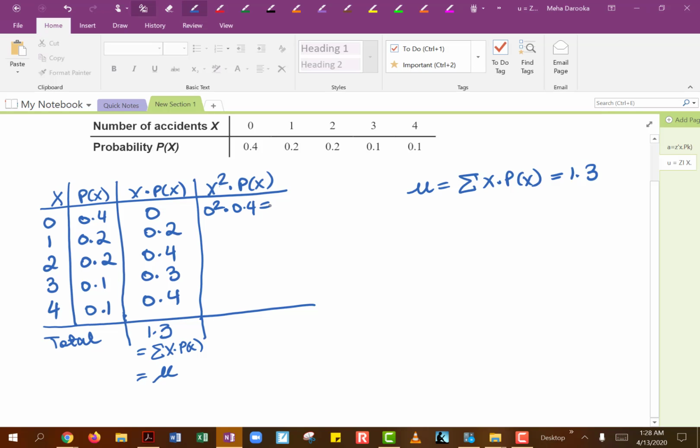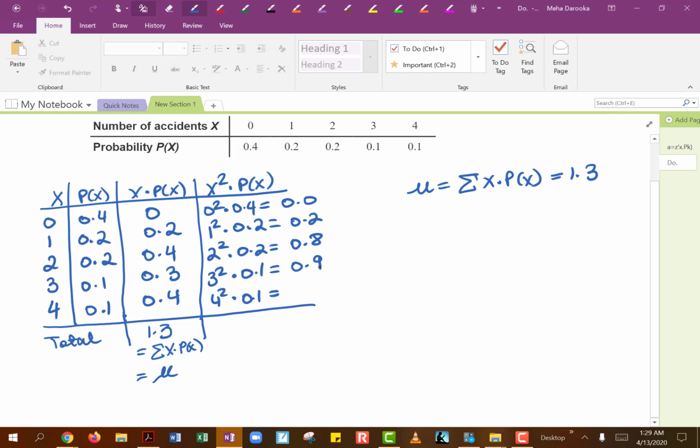Now for your variance, like I showed you in the previous example, square the outcome and multiply by the probability. So 0 squared times 0.4, 1 squared times 0.2, 2 squared times 0.2, 3 squared times 0.1, and 4 squared times 0.1. 0 squared is 0, times anything is 0. 1 times 0.2 is 0.2. 2 squared is 4, and 4 times 0.2 is 0.8. 3 squared is 9, and 9 times 0.1 is 0.9.